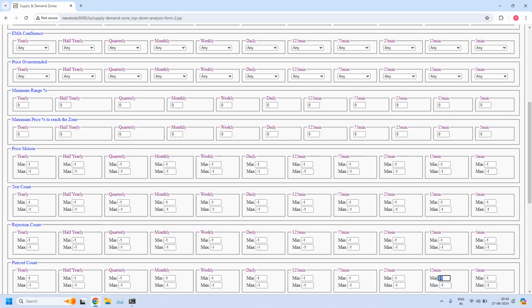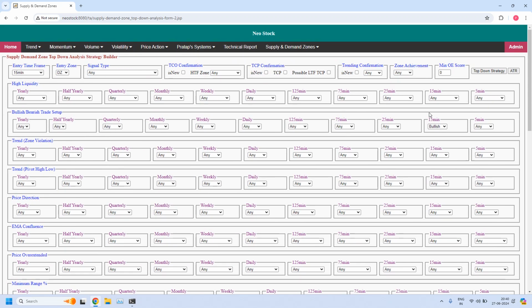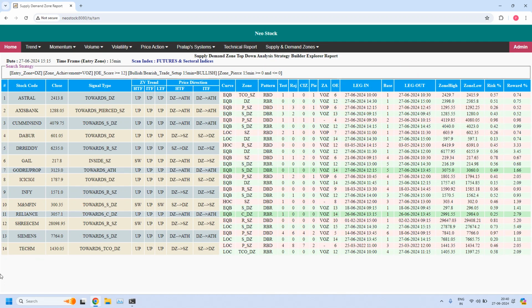So in 15 minutes time frame, minimum value 0, maximum value 0. Zone achievement should be violated opposing zone. Minimum odd enhancer score should be 12. Now let us generate the report. 14 stocks are filtered. These 14 stocks are supporting bullish trade setup for daily income trade.